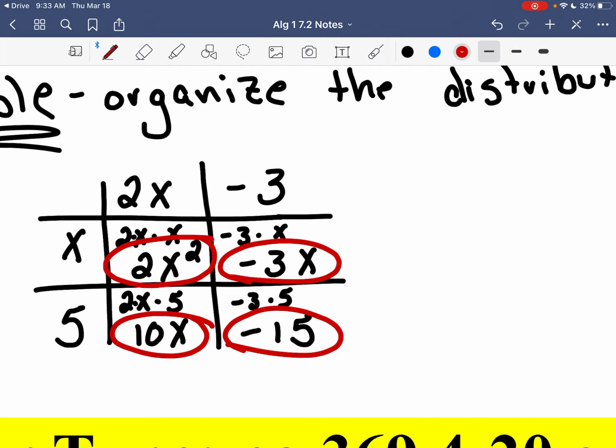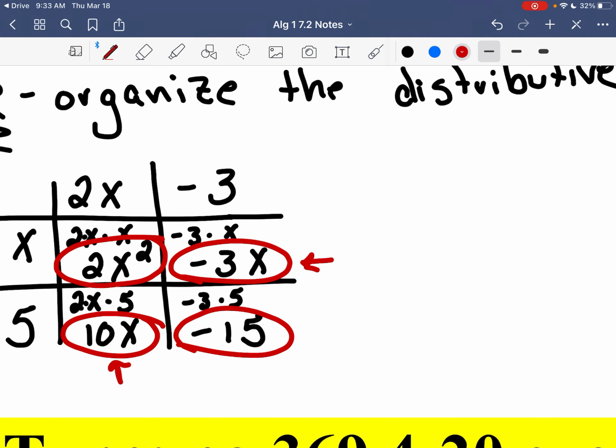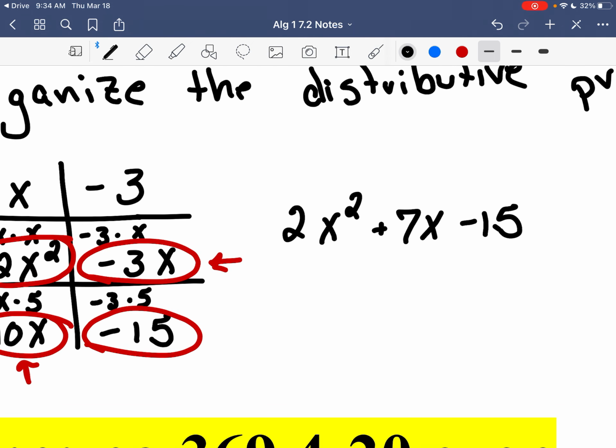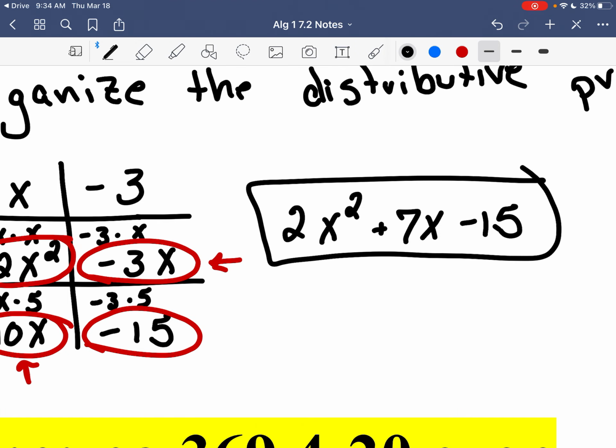Well, sure, this 10x and this negative 3x are alike, so I can add them, and I get 7x. Then I write my 2x squared first, my 7x, and my negative 15. So there is my product.